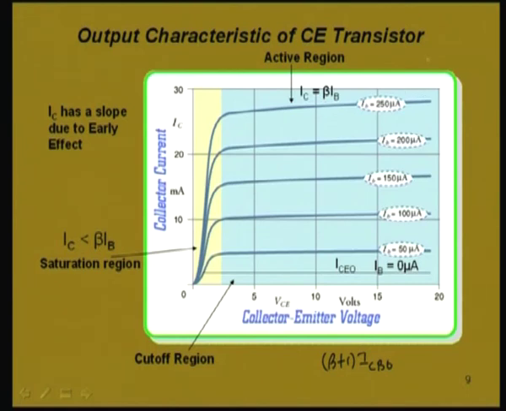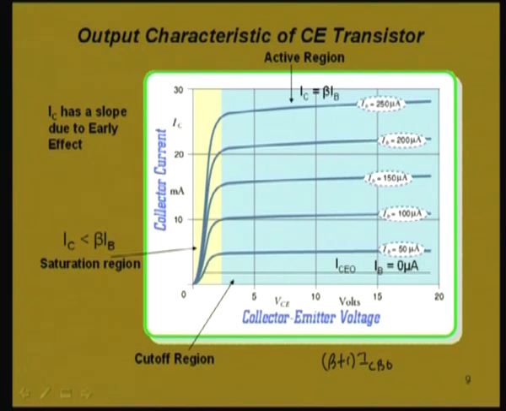So, this is almost a linear plot. Beta is the factor which relates IC and IB, and for a particular transistor, this beta is constant. Of course, beta cannot be kept exactly constant because of some other factors, but for the moment we are considering the active region.